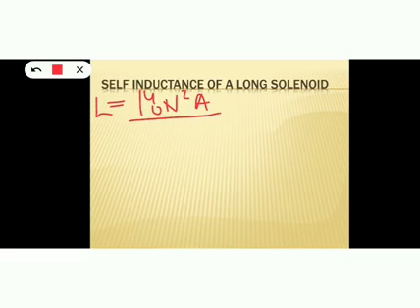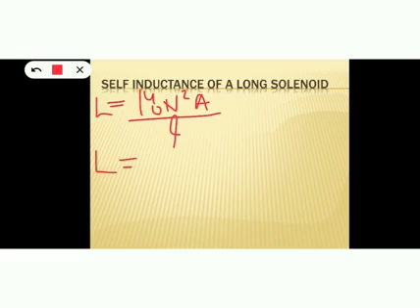Here, suppose the solenoid is not present in air, but some medium is present in the solenoid. Suppose the solenoid is introduced in some medium other than air. So what will be the expression for self-inductance?